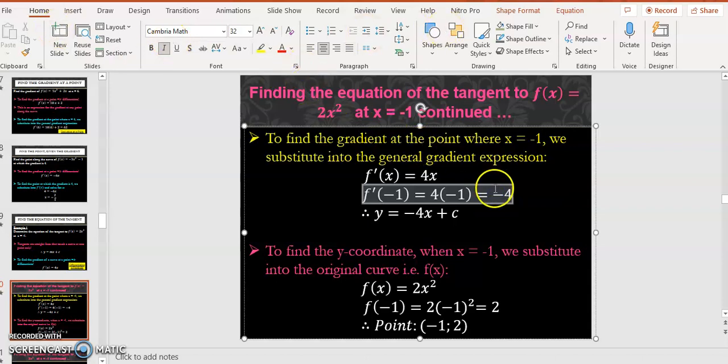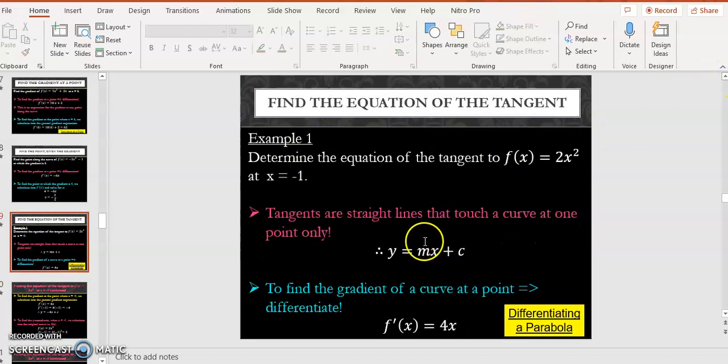Alright. So here, we have gotten our m. Remember the general equation. Let's go back to that slide. Our m is what we've gotten. We found the m to be this one, but there is this x. What are you supposed to do with the x?